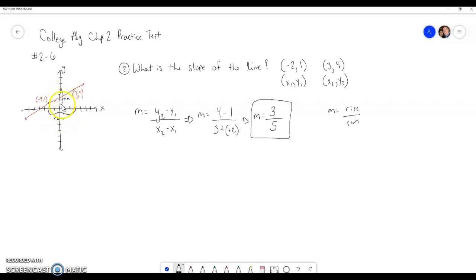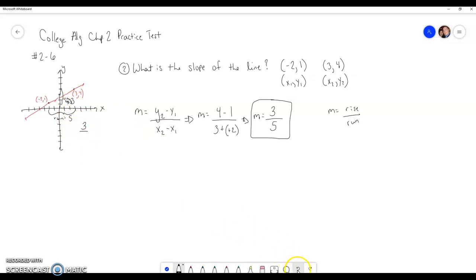So my rise is 1, 2, 3 points. So my rise is 3. And my run is 5 points. 1, 2, 3, 4, 5. Okay? So again, this is your rise over your run. Your rise being 3, your run being 5. So again, this is 3 over 5.